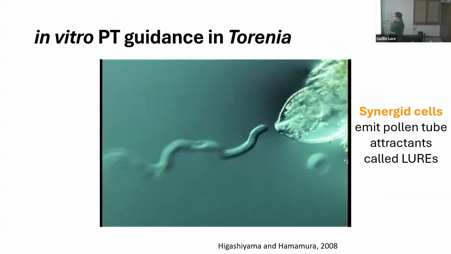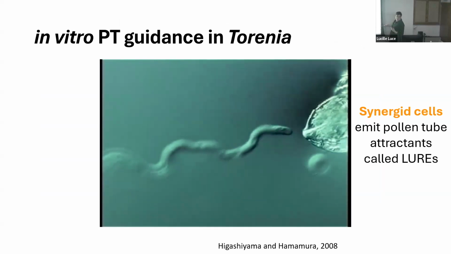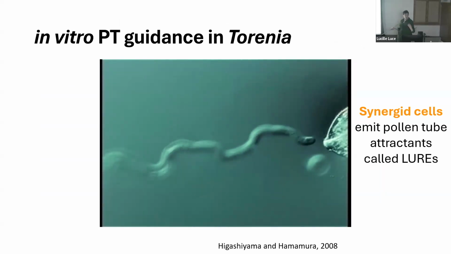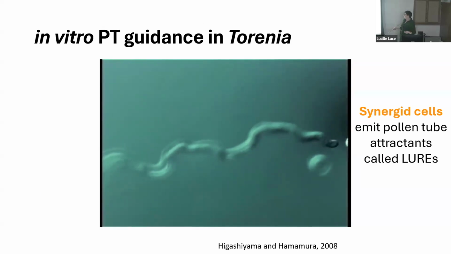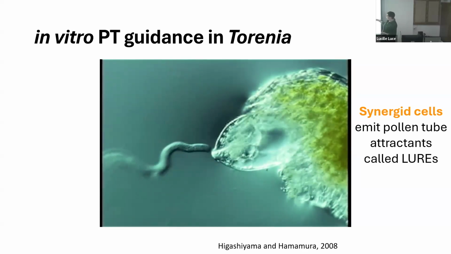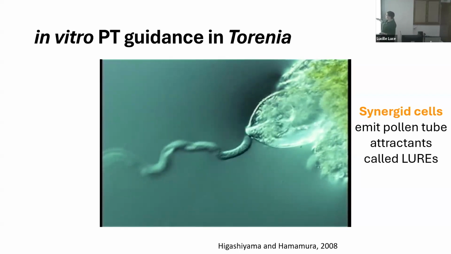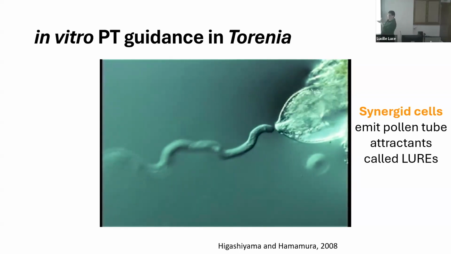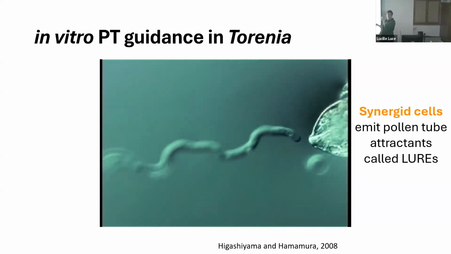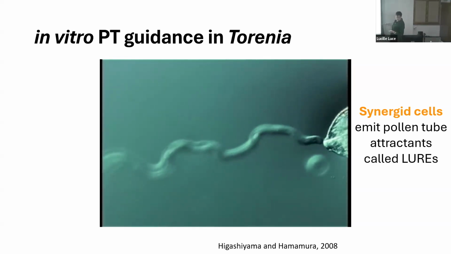What the scientist is doing is moving the ovule away, and I hope you can notice the pollen tube is following the ovule. This suggests that the ovule, specifically these 2 synergid cells, are emitting molecules that the pollen tube has a receptor for, and the pollen tube can change its growth direction in response to signals from the female gametophyte.